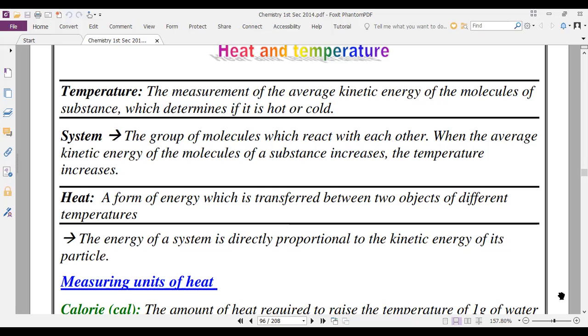From the lower temperature to the higher one. But we said before that heat always transfers from the higher object to the lower object.